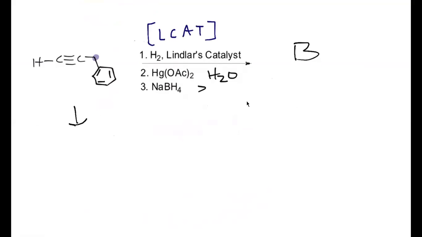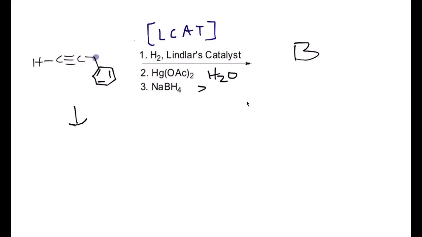What does the LC stand for? Lindlar's is cis, and sodium in ammonia is trans. So what does Lindlar's catalyst do in the presence of an alkyne? It changes an alkyne to a cis alkene. Look at you. You see what studying does?